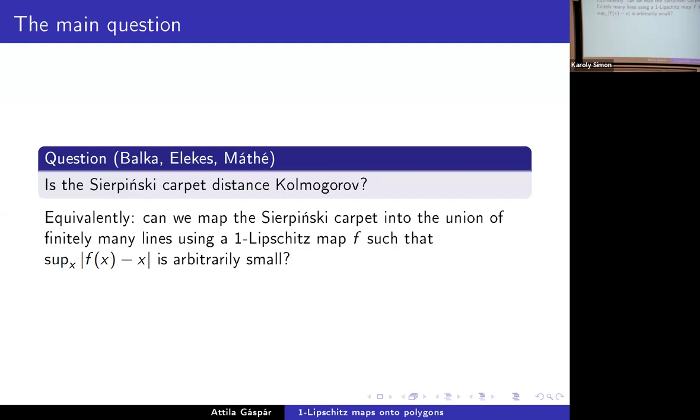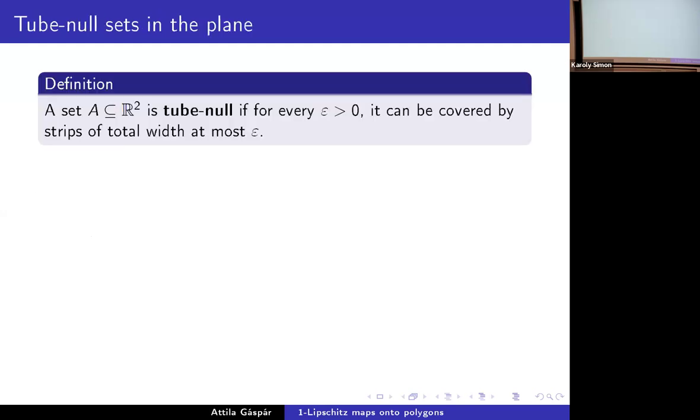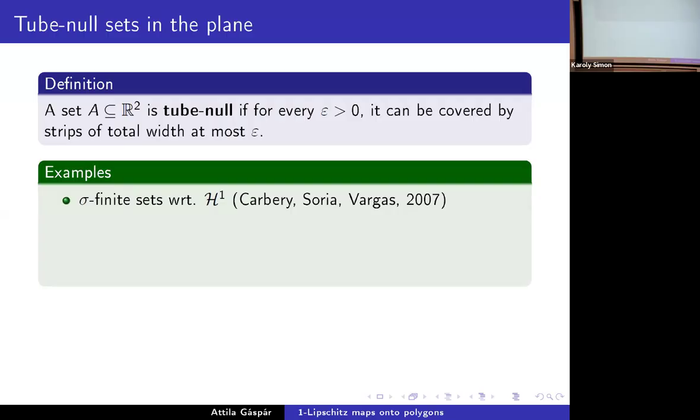And for this, we will use the cube null problem. We call a set in the plane cube null if it can be covered by strips of arbitrary small total width. It was shown by Carberry, Soria, and Vargas that such sets which are sigma finite with respect to the one-dimensional Hausdorff measure are tubular.